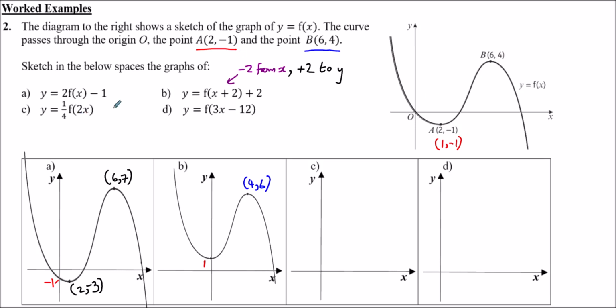B, in the meantime, will become 3 and 4. And now we're going to quarter the y values. And so a quarter of -1, that's going to become -1 quarter. And 4 quartered just becomes 1.